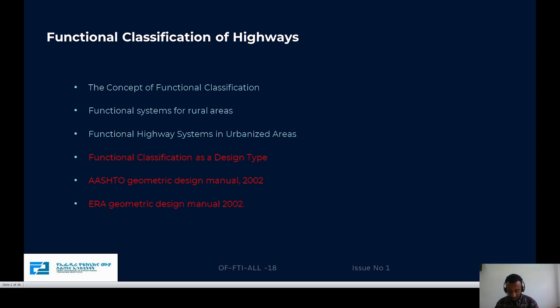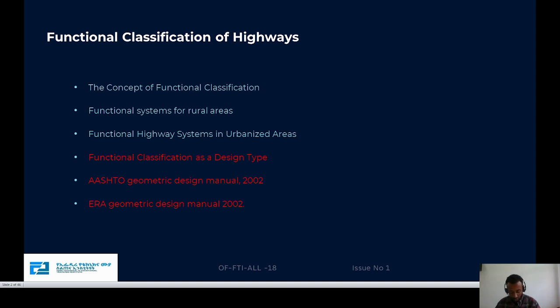Because of this, the functional classification is a very important concept. The functional system for urban areas, and also for rural areas, is used for dividing the roads.